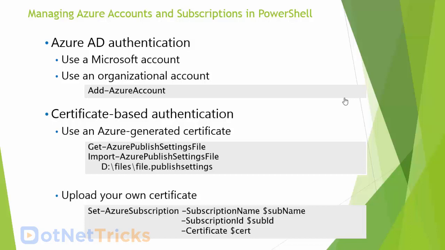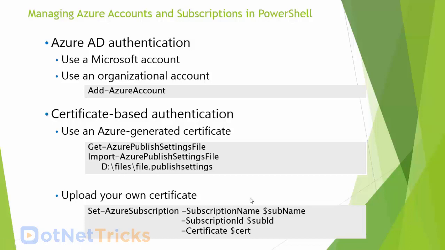There's a command to add a subscription file into your PowerShell. First you do a get command, get Azure publish settings file. They ask you for a username and password. Once it's authenticated, finally you have to import, and once you import, you will get the information about your current subscription.